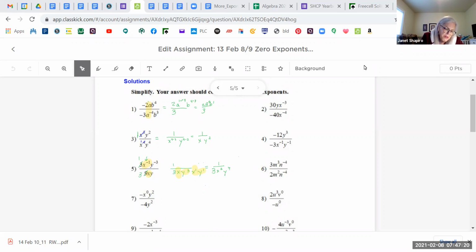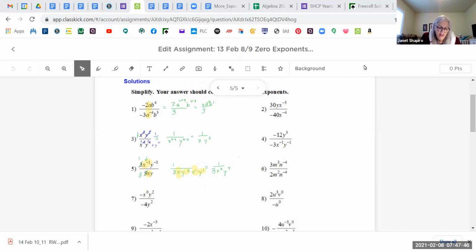Y's, I have more in the denominator, so I cancel y squared, and cancel 2 of them out of the denominator. And you can see here I have x to the first, y squared in the denominator. Okay. So there's a couple of ways to approach these. Sometimes one looks like it works better than another.